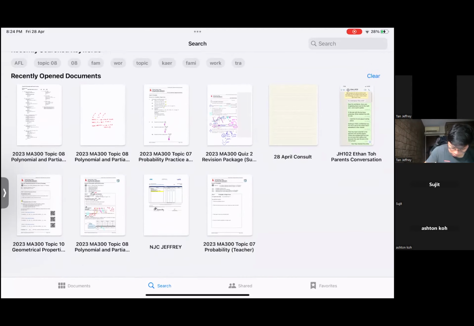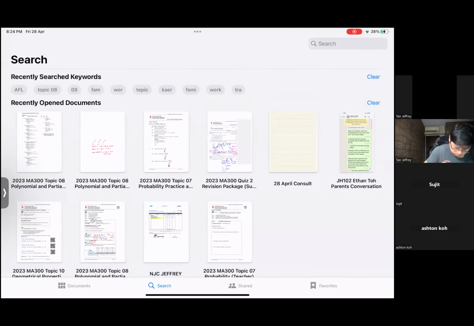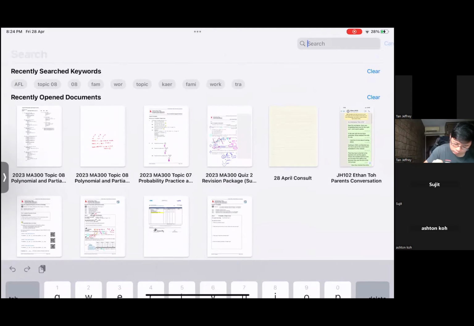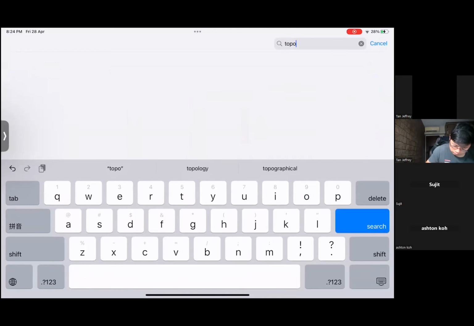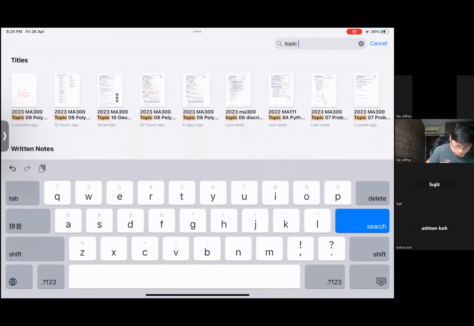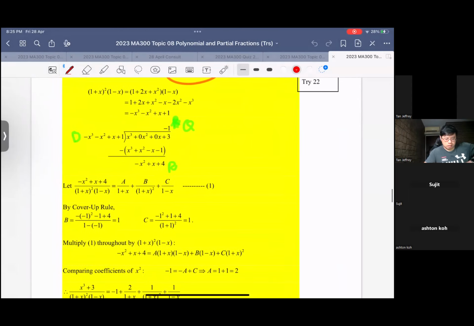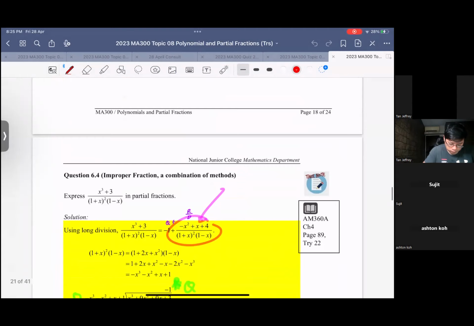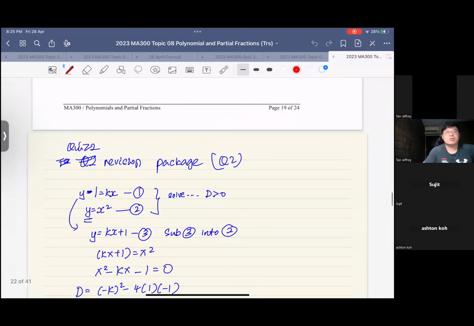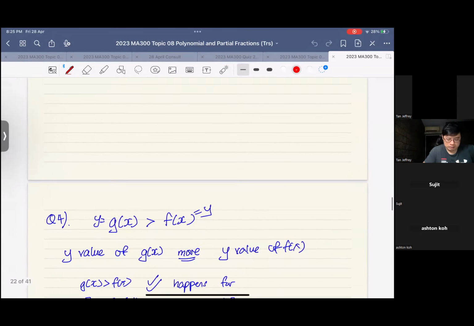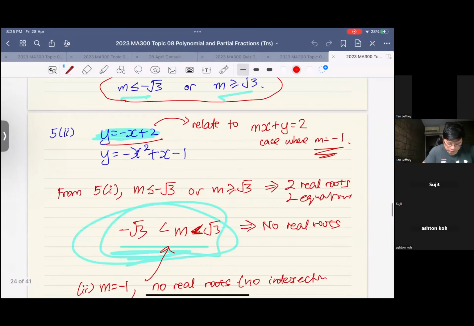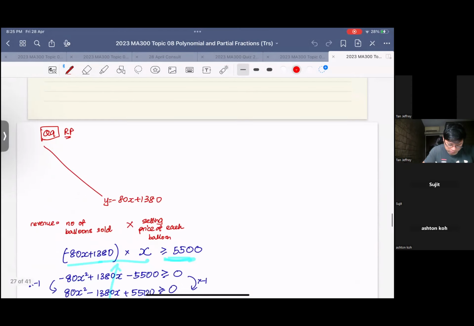Where am I? Okay. 6.5, right? Or is it 6.4? 6.5. Yes, 6.5, okay.